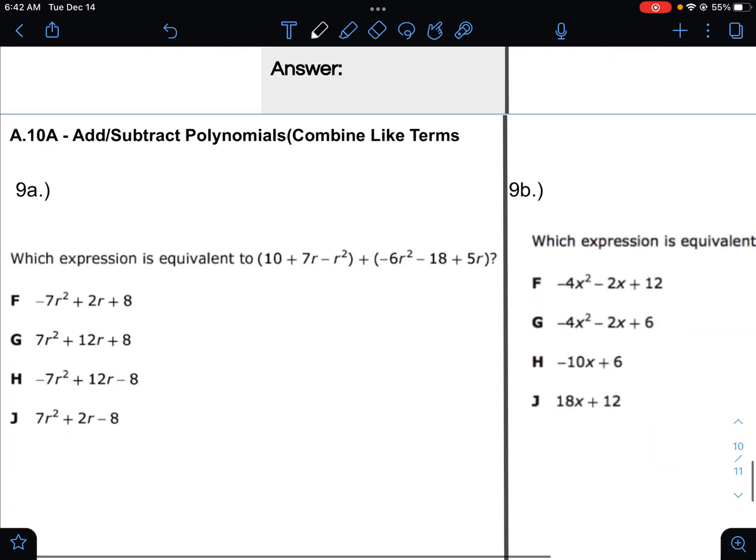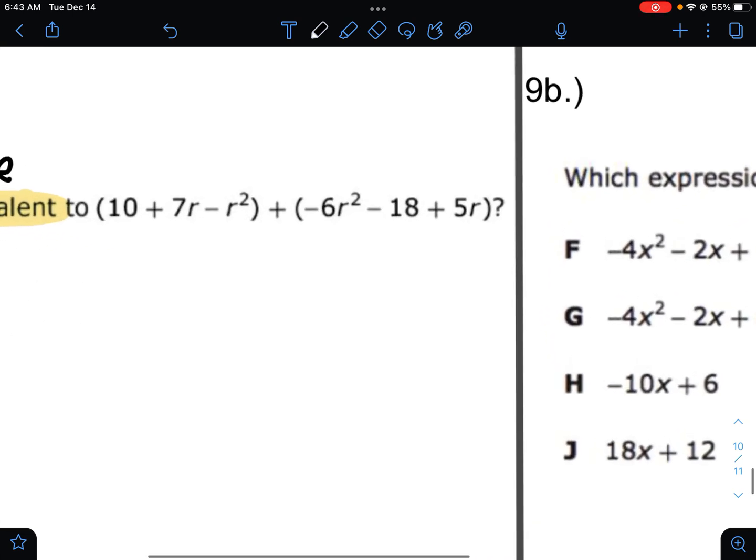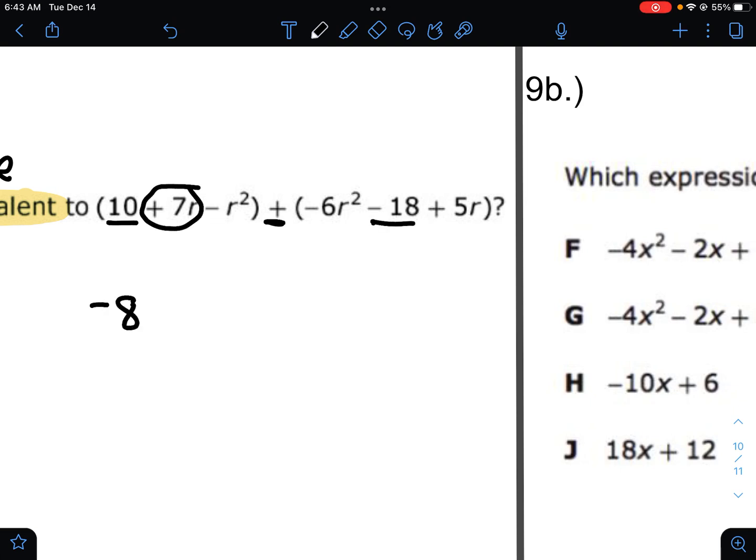Okay, next one, 9A. Which expression is equivalent? Remember, equivalent means same as or equal to. So all we're going to do is combine like terms and add them because there's a plus sign. So 10 plus negative 18 is a negative 8. 7R plus 5R is a 12R.